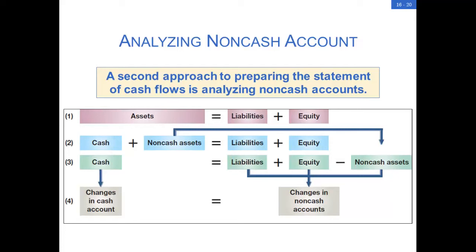So in other words, apart from looking at individual cash transactions in the cash account, we have an alternative method to prepare a statement of cash flows. We can analyze the non-cash balance sheet accounts and any related income statement accounts to prepare a statement of cash flows. So we will illustrate how we use this approach in the next session.